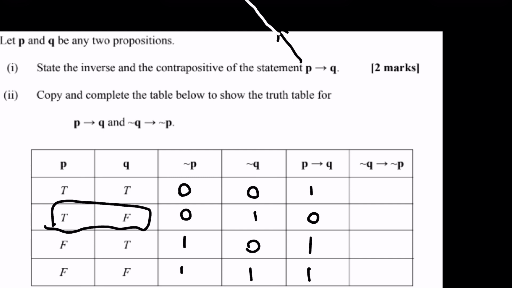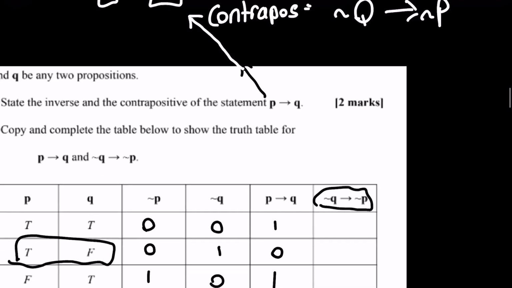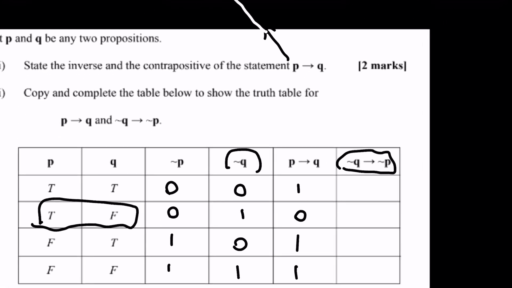And the last one is the negation of Q, then the negation of P. Well, that's just the contrapositive, right? So we look at negation of Q, and then negation of P, and we just want to make sure that negation of Q does not have a 1 when negation of P has a 0. In the first one, we have 0 0.